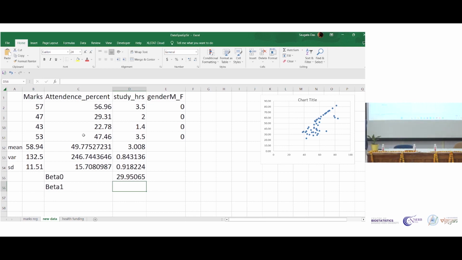Beta 1 equals to slope, again similar way, marks comma attendance, bracket closed.